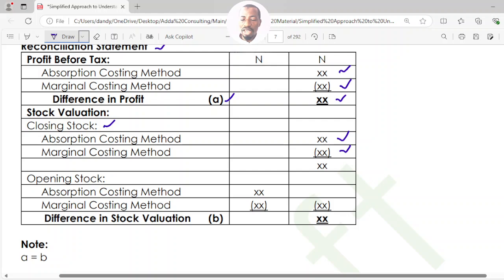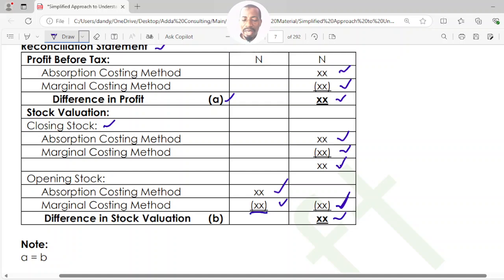The difference will give me the difference in closing stock. Then I will also consider the difference in opening stock between the two techniques: opening stock under absorption, opening stock under marginal. The difference in closing stock minus the difference in opening stock will give me the difference in stock valuation. I will call that B.